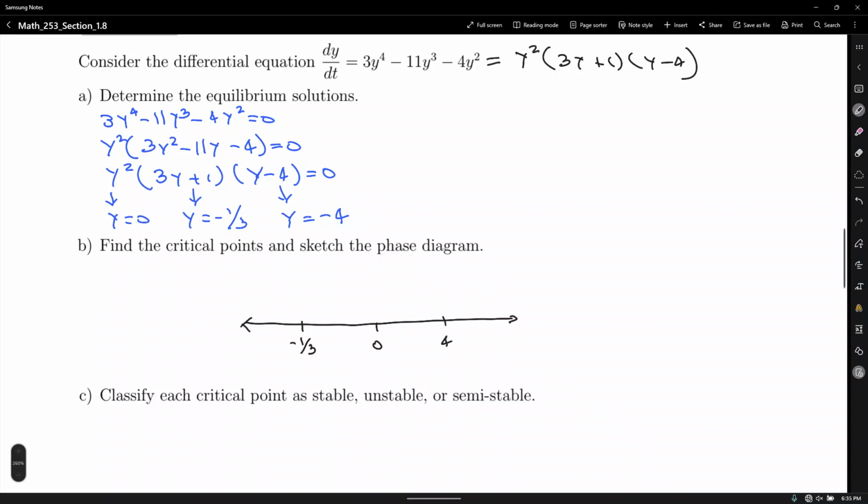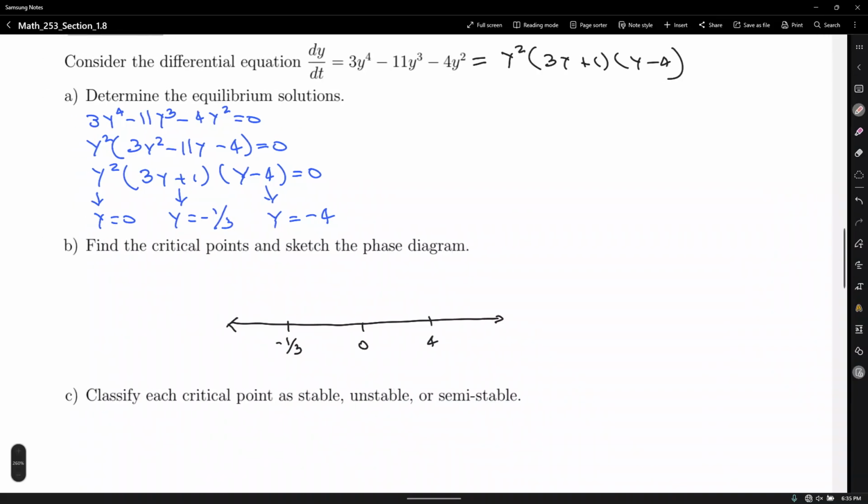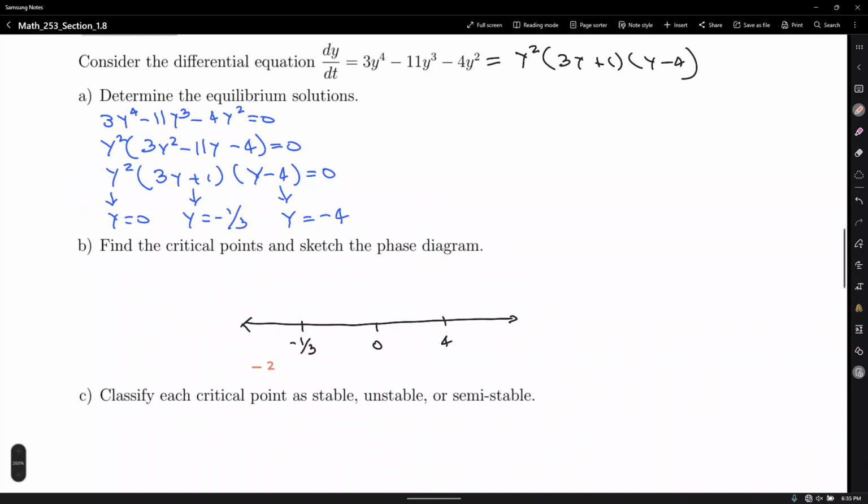Between -infinity and -1/3, I'm going to use -2 again. Between -1/3 and 0, there's no nice integer to test, so I will use -0.1. Between 0 and 4, I'm going to use the number 1, and between 4 and infinity, I'm just going to use the number 5.